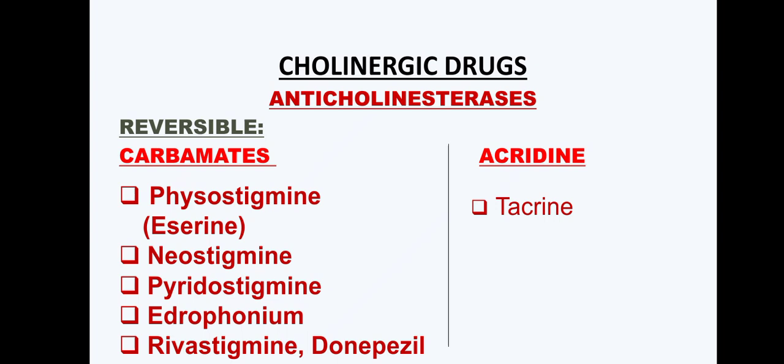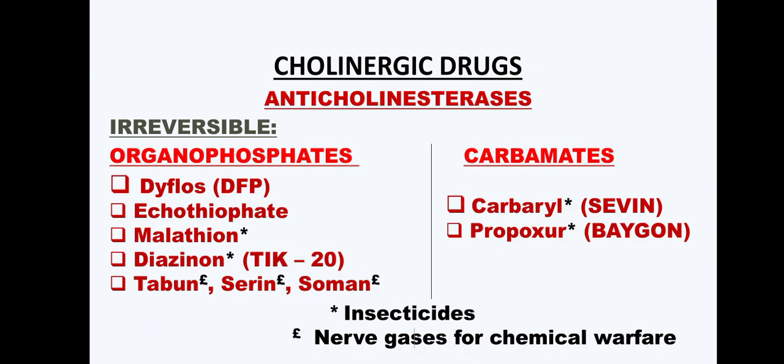And acridine contains tacrine. The irreversible anticholinesterases are again subdivided into organophosphates and carbamates. Organophosphates has diflos, also known as DFP, ecothiopate, malathion, diazinon, tabun, sarin and soman.